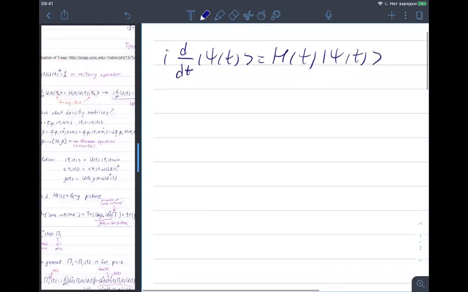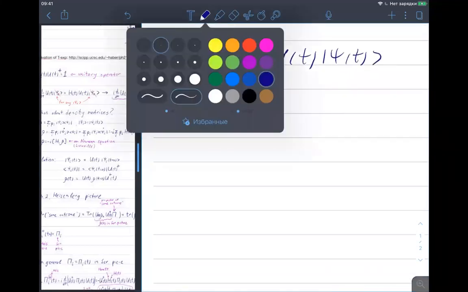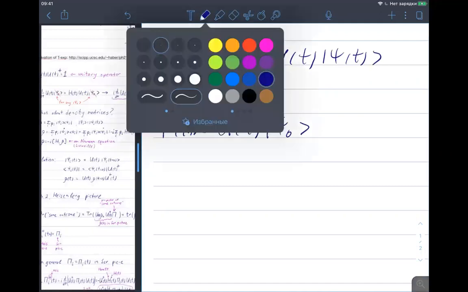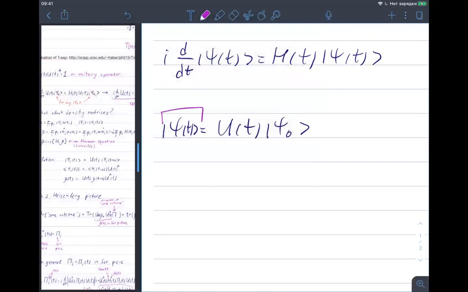the solution of our Schrödinger equation is given by what we call the evolution operator. We act on an initial state in order to obtain our vector at some time t, and we can take this form and put it back into the Schrödinger equation.